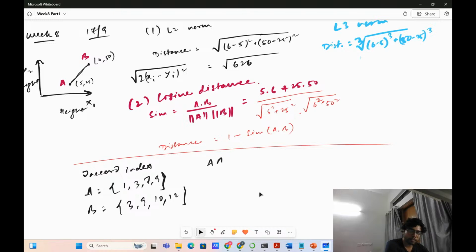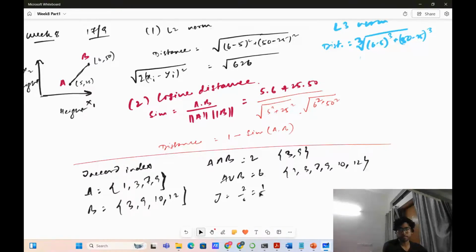A intersection B will have two elements. Which are these two elements? 3 and 9. A union B, how many elements will it have? It will have 1, 3, 7, 9, 10, 12. So 1, 2, 3, 4, 5, 6, 6 elements. So your Jaccard index would be 2 by 6, which is 1 by 3. That way you can calculate the Jaccard index.